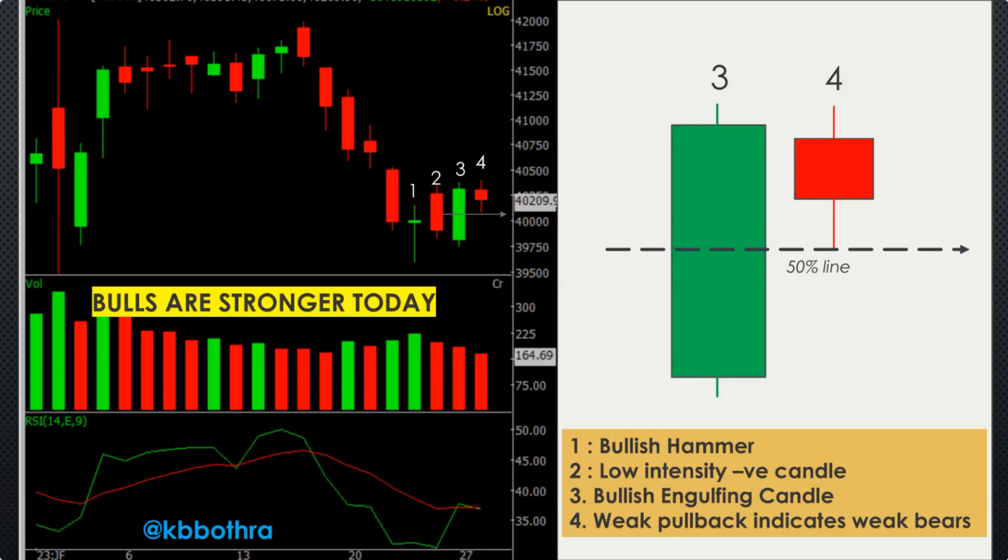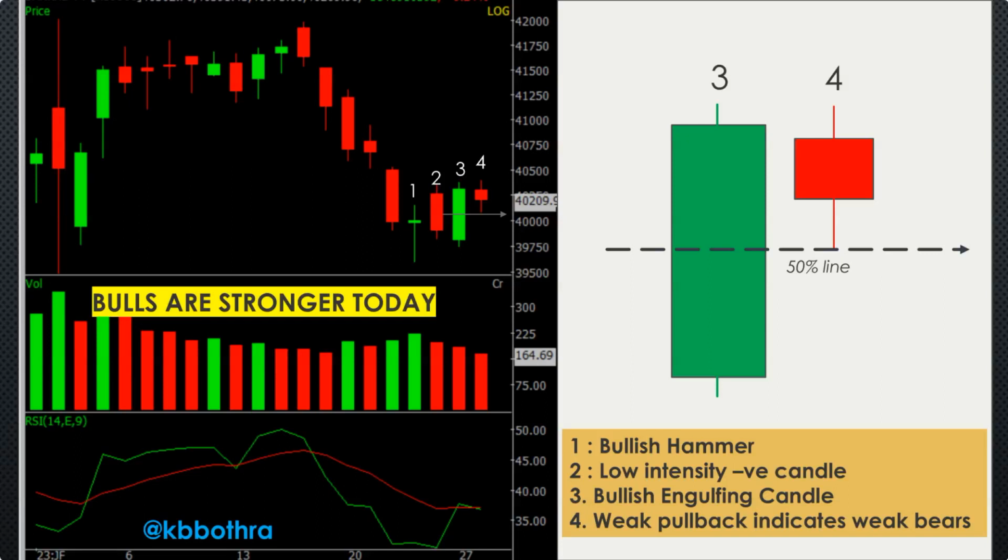Then comes candle number 2. It is also very intriguing, because even though it's a red, bearish candle, you've seen the incremental sell-off. Compared to the closing of candle number 1, the closing of candle number 2 is relatively mild to negative.